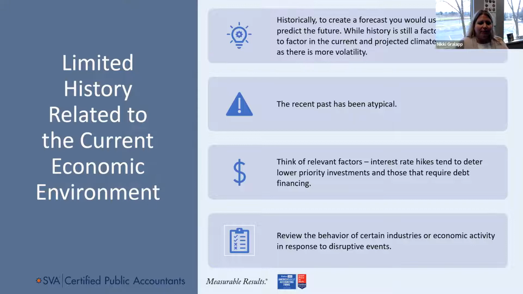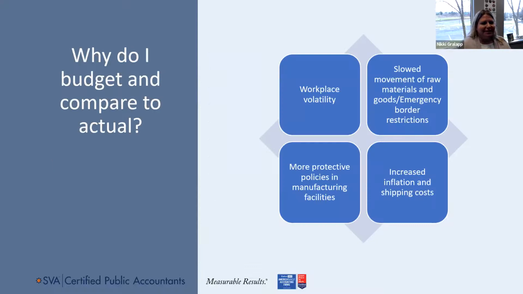And also review the behavior of certain industries or activity in response to disruptive events. If we go into recession, what happened to your business last time we were in a recession is a good thing to look at, to give you an idea of what's going to happen to your business during this time frame.